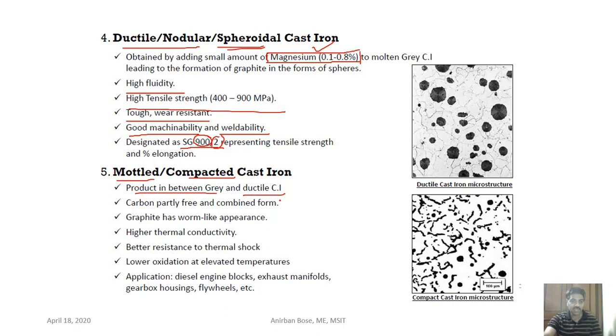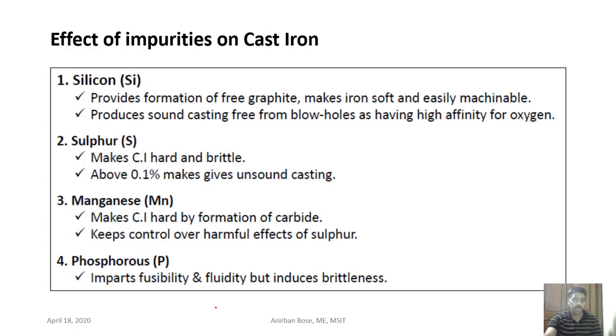Now let us see the important alloying elements in cast iron. Silicon, as you have already seen, forms the graphite in the form of flakes, makes the iron soft and easily machinable, and produces sound casting free from blowholes, as it has a high affinity for oxygen.